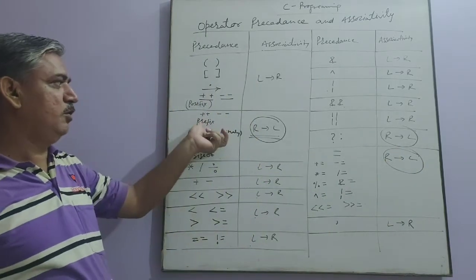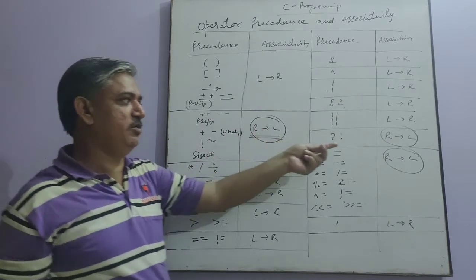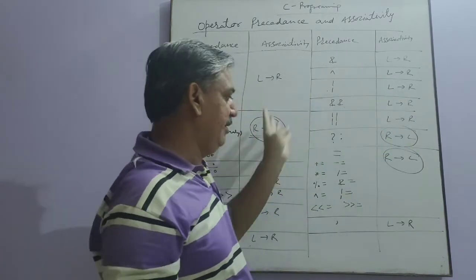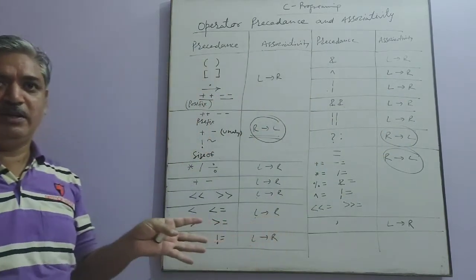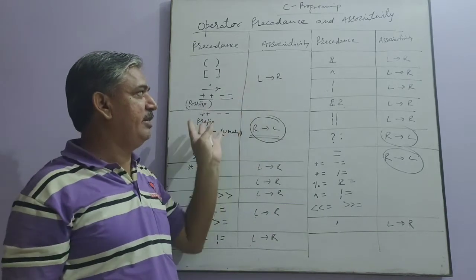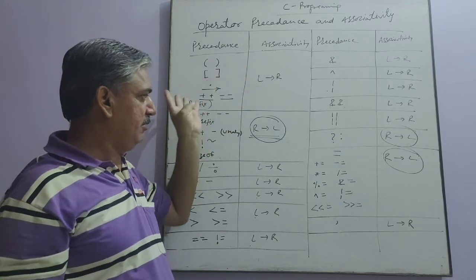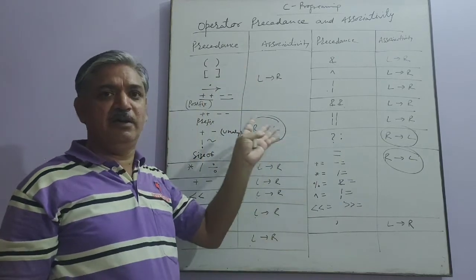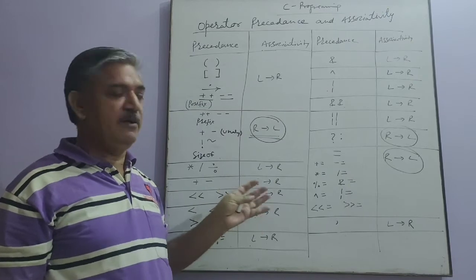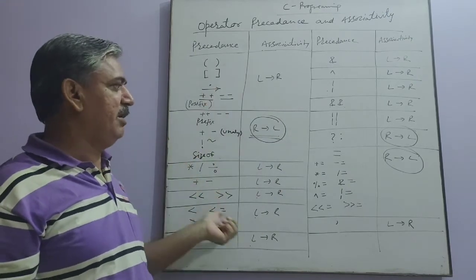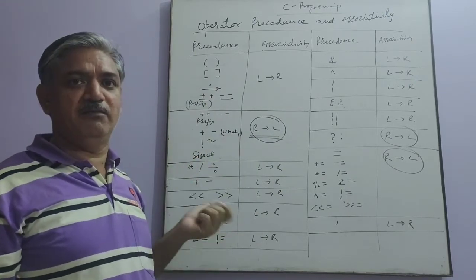These groups have right to left associativity and the remaining are left to right. Clear? So this is the precedence and associativity table. Remember this table when we evaluate expressions. Now we will explain this completely by using some examples.